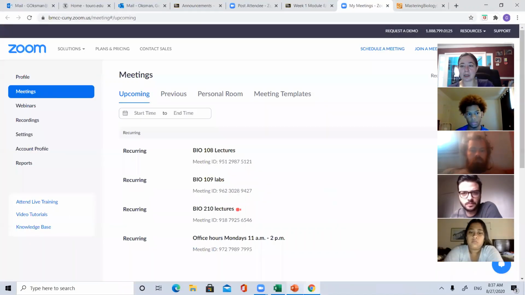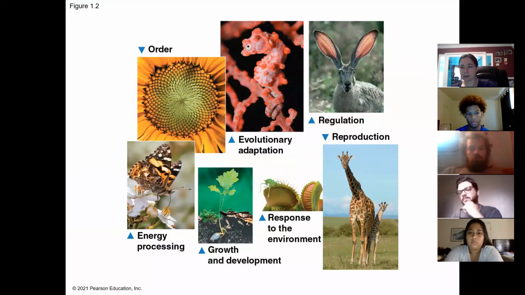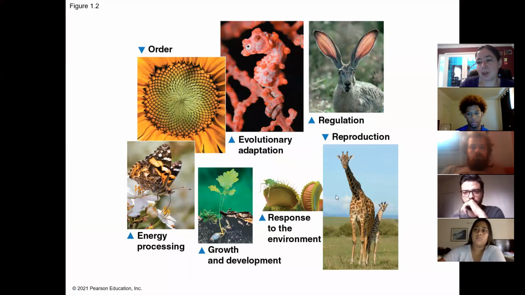So as I said, reproduction is not something that is a given. The majority of organisms are able to reproduce. The best in terms of reproduction are the germs. Germs reproduce at a very high rate, while, for example, giraffes, how often do you think a female giraffe gives birth?